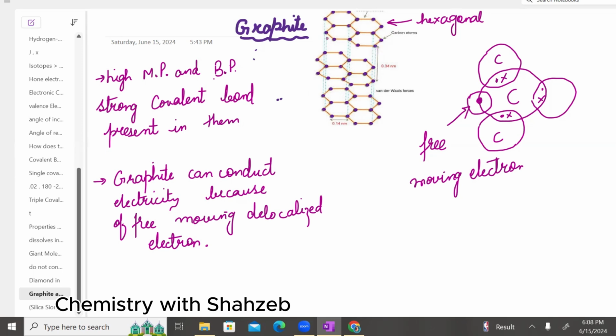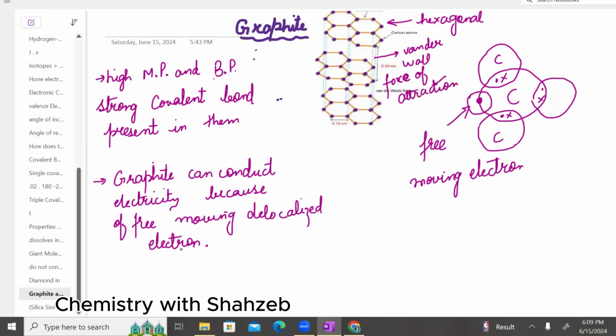In these layers, there is the van der Waals force of attraction, and that is basically weak.